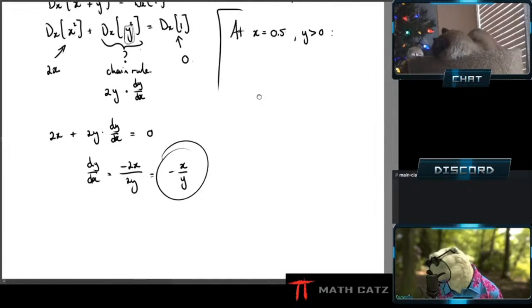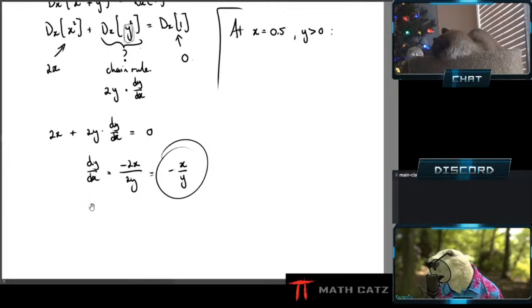Okay, well, this derivative says, which often happens when I work with relations, you need the x coordinate and the y coordinate if you want to find the derivative. If you want to find the slope of the tangent line, you're going to have to give me both coordinates.